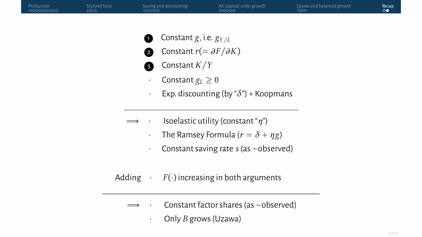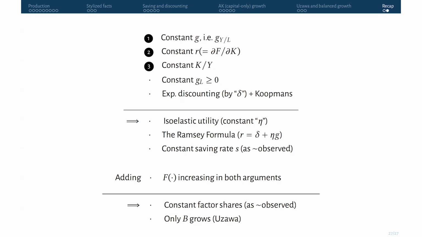Given those background assumptions, it's got to be that people have isoelastic utility. It's got to be that the Ramsey formula holds. The interest rate exhibits that relationship between the discount and growth rates and the shape of the utility function. And it's got to be that the savings rate is constant.